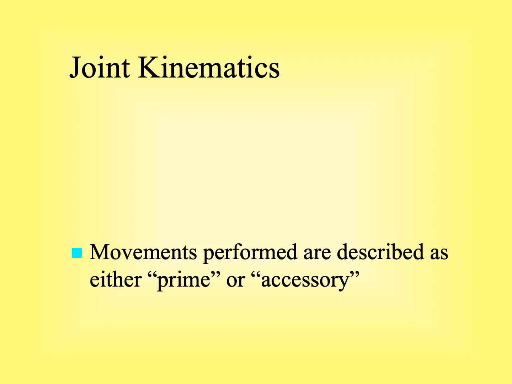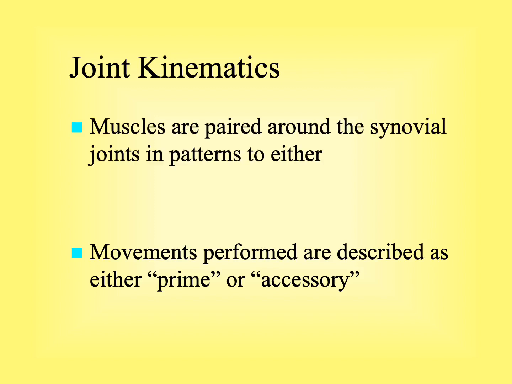When we talk about movements, we talk about the action of the muscles being either a prime motion or an accessory motion. Prime motions are the principal motion that they would use and provide at a specific articulation. Accessory is where the muscle can get pulled in so as to assist the motion. Muscles are going to be paired around the synovial joint to do one of two things.